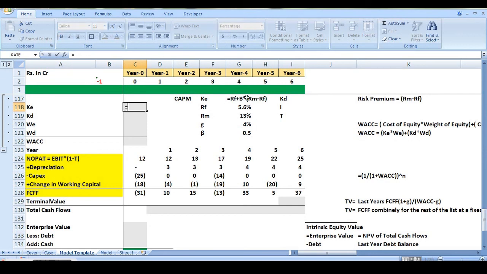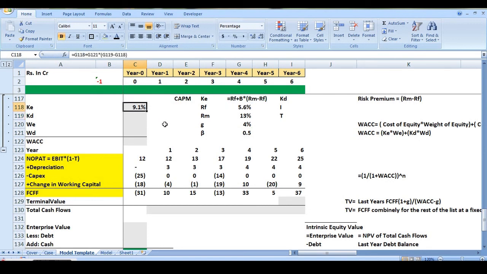Here you can see risk-free rate 5.6% plus beta into the bracket market risk premium, which is equal to market returns minus risk-free returns. So the cost of equity is 9.1%.